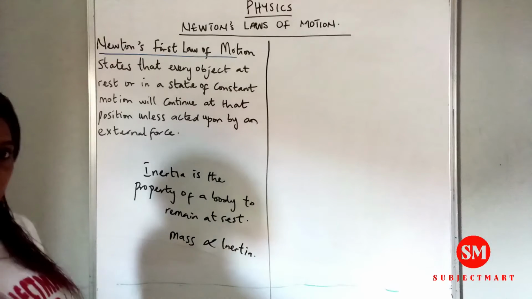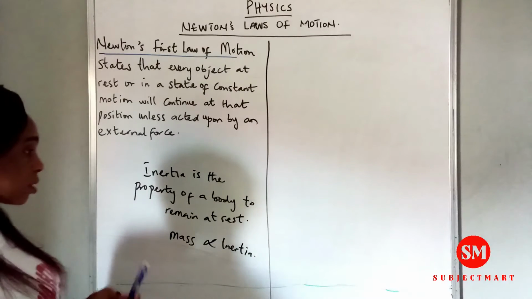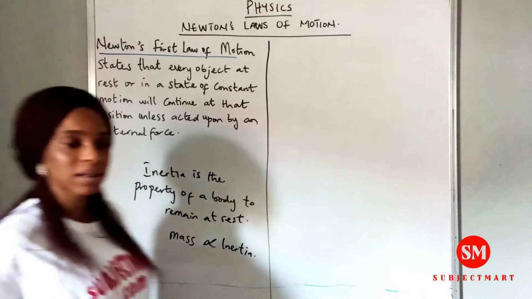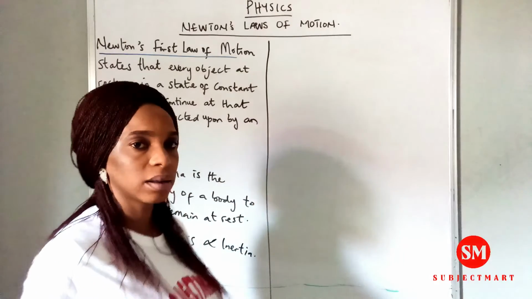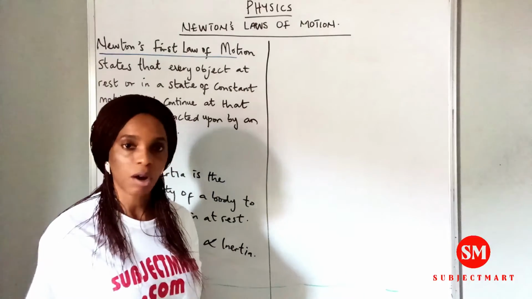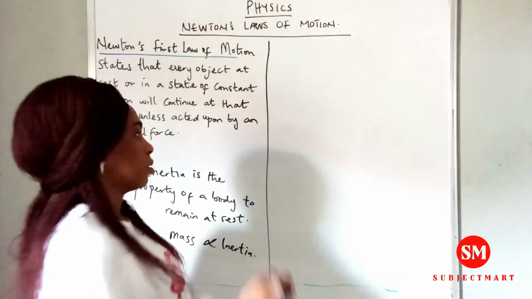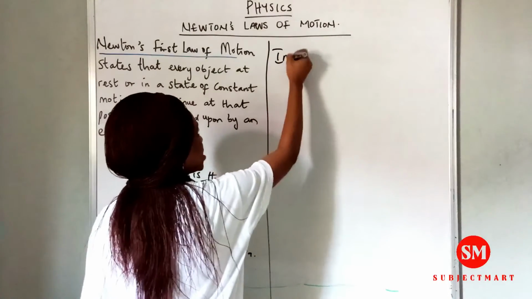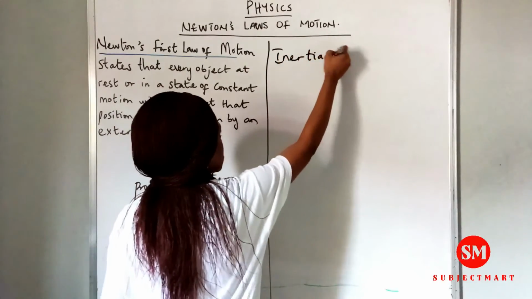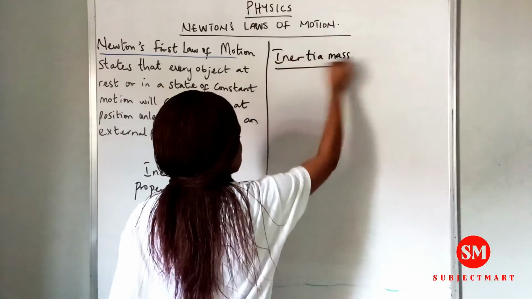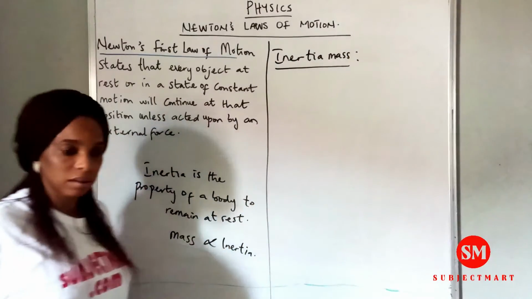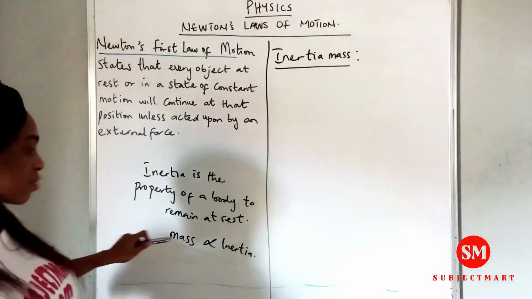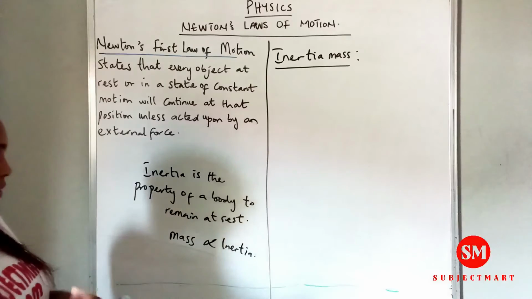Now, another concept I would like us to look quickly into is something we call mass. We said mass is the concentration of matter in a body, in an object. But another concept is inertial mass. We said the tendency of the body to remain at rest is inertia.